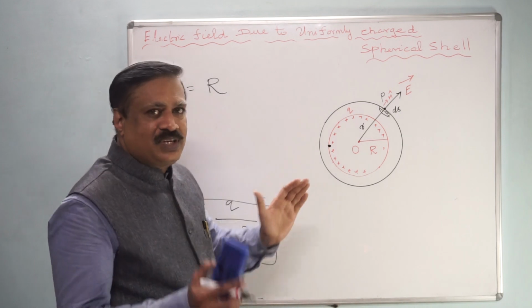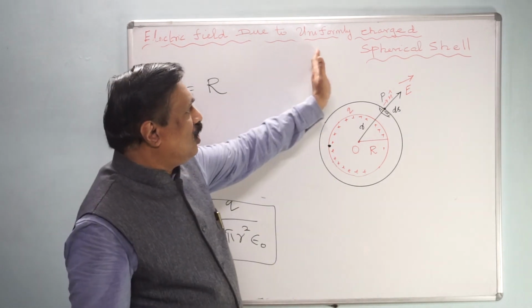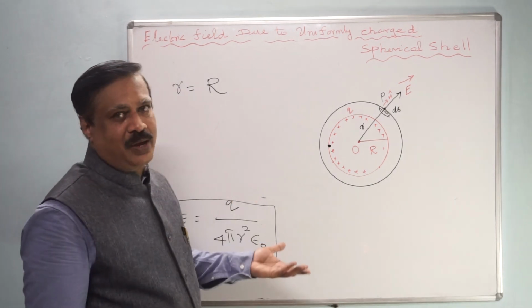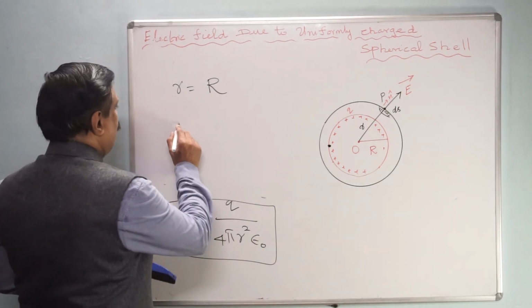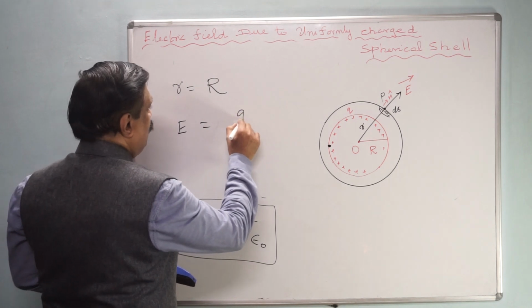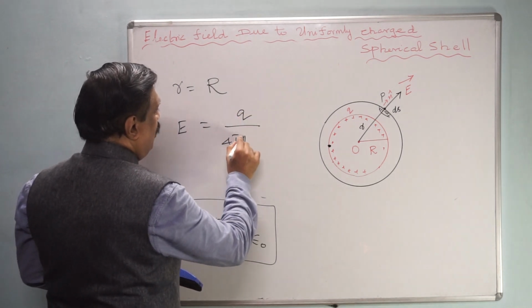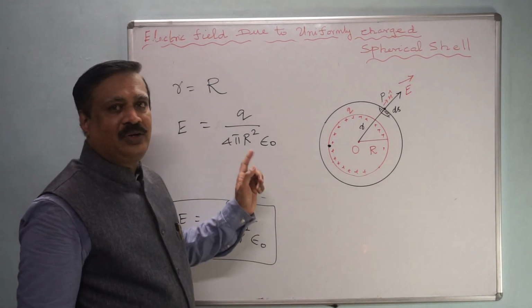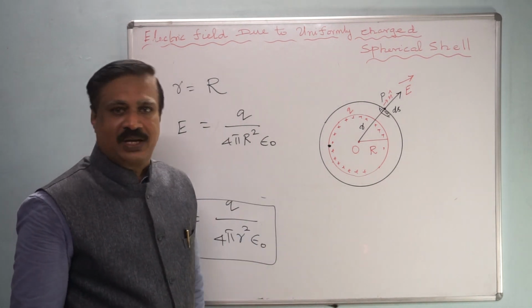This Gaussian surface is on the surface of the charged spherical shell only. Therefore your small r becomes capital R, and E becomes Q by 4 pi epsilon 0 R squared. This is for the point on the surface of the spherical shell.